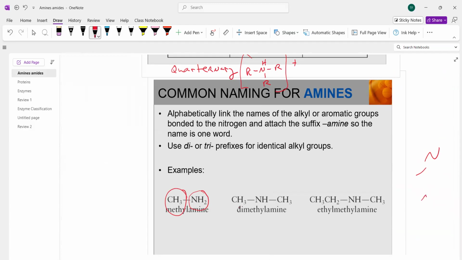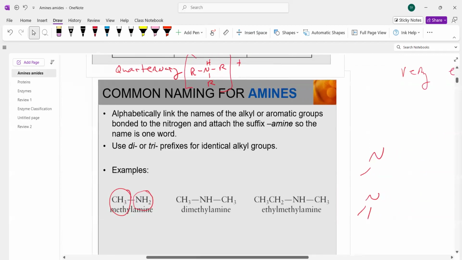Dimethylamine has 2 branches off the nitrogen with 1 hydrogen. And this one would be methylethylamine.